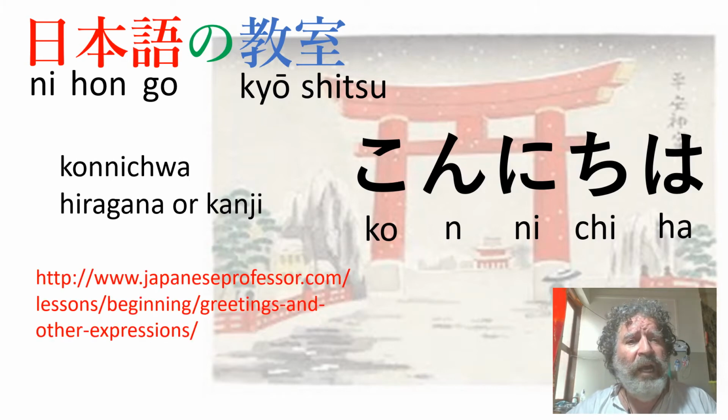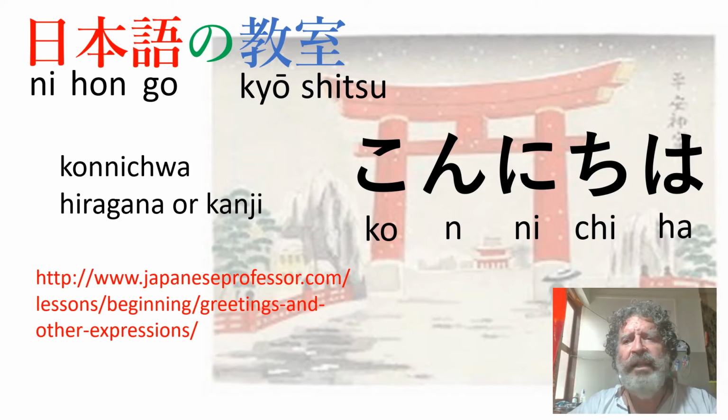So what I did was I typed konnichiwa, hiragana, or kanji into Google, and I got several blogs. A lot of these were written by amateurs, but some of them I felt were very good, very interesting. So you get a whole bunch of information on the internet these days.